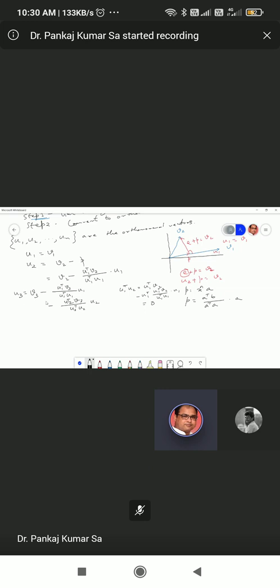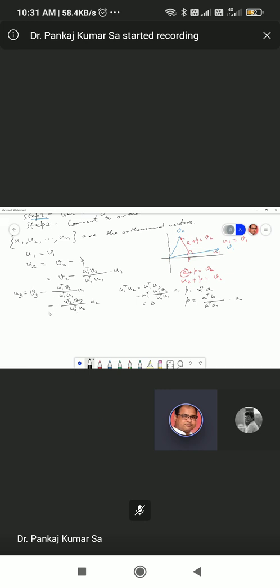So that's it. U1 is equal to V1, U2 equal to V2 minus U1 transpose V2 upon U1 transpose U1 times U1. U3 is equal to V3 minus something from U1 and something from U2.